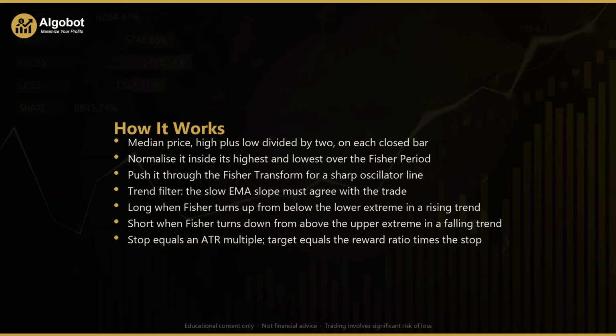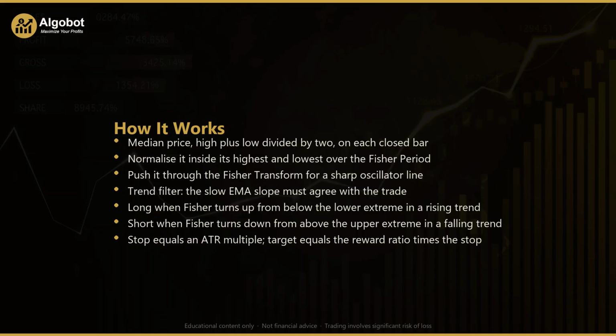Then it looks back over the FisherPeriod, 10 bars by default, and finds the highest and lowest median price in that window. It uses those to normalize the current median price into a value between -1 and +1, smooths that value slightly, and clamps it so it never quite reaches the edges. Finally, it pushes that number through the Fisher Transform formula, producing the gold oscillator line you'll see on the chart.